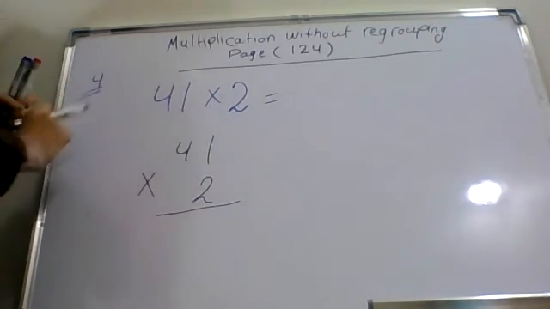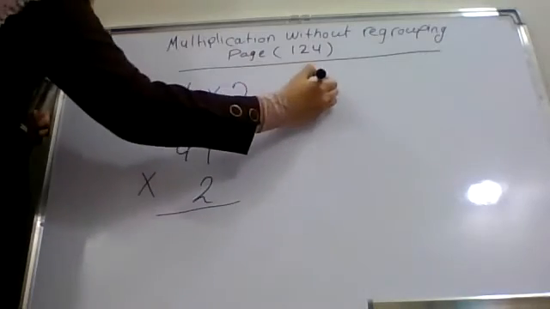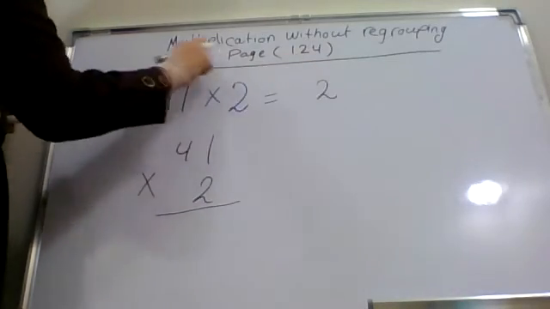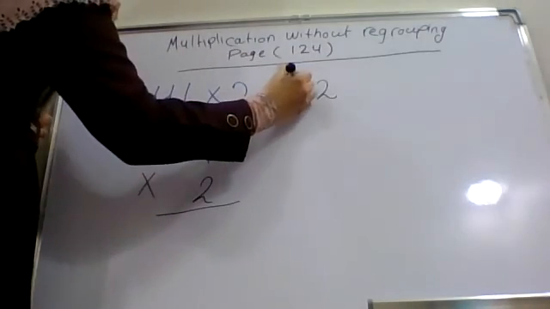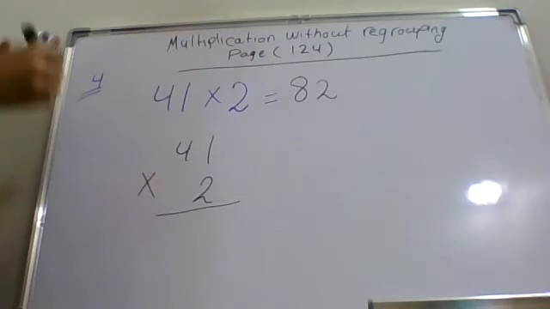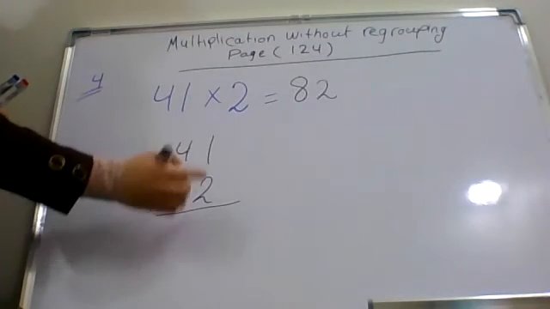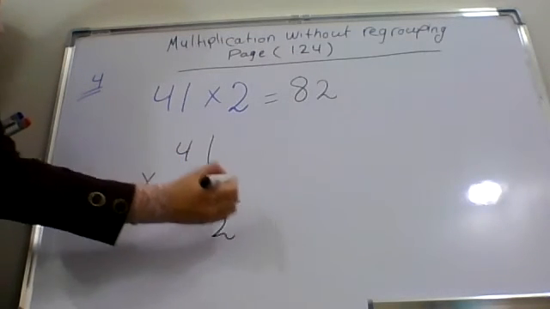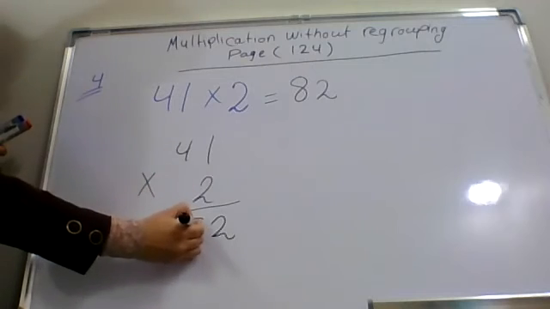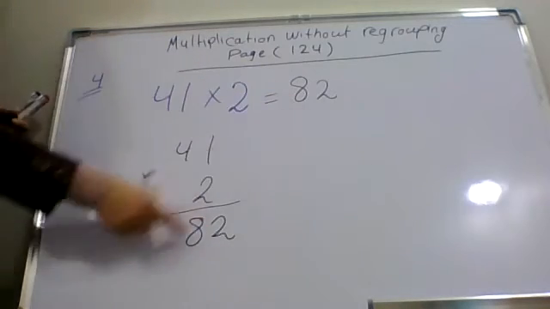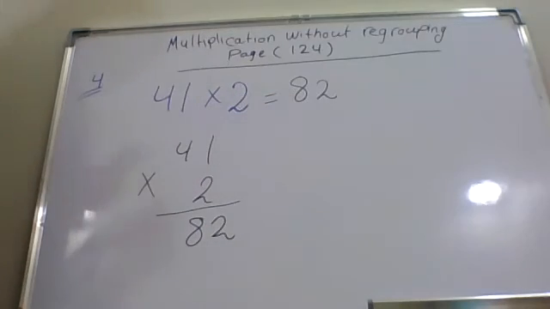Now double the 1, which is 2, and double the 4, which is, excellent, I can hear you, it's 82. Let's check our answer. 2 times 1, it's 2. 2 times 4, it's 8. So the answer is the same, okay?